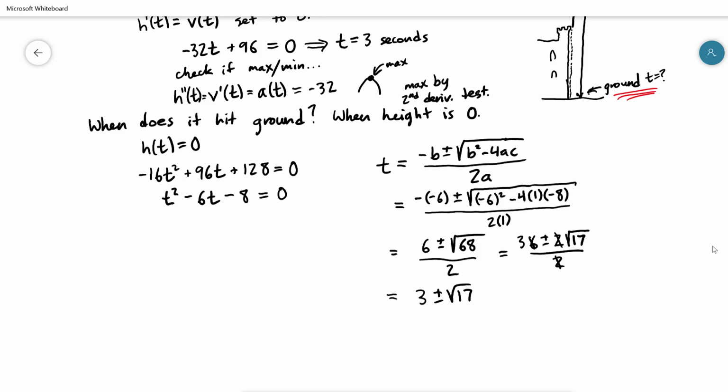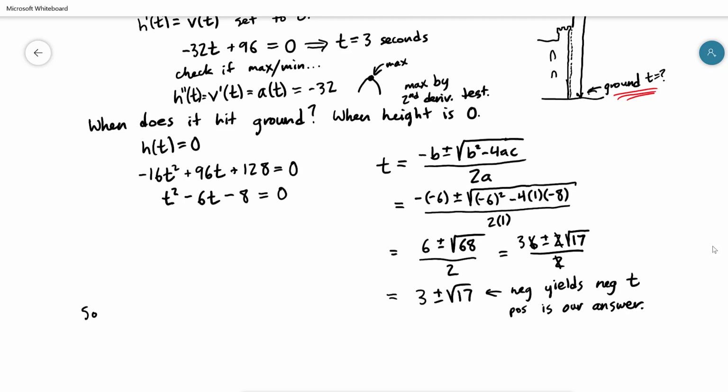The negative version yields a negative t. The positive version is our answer.